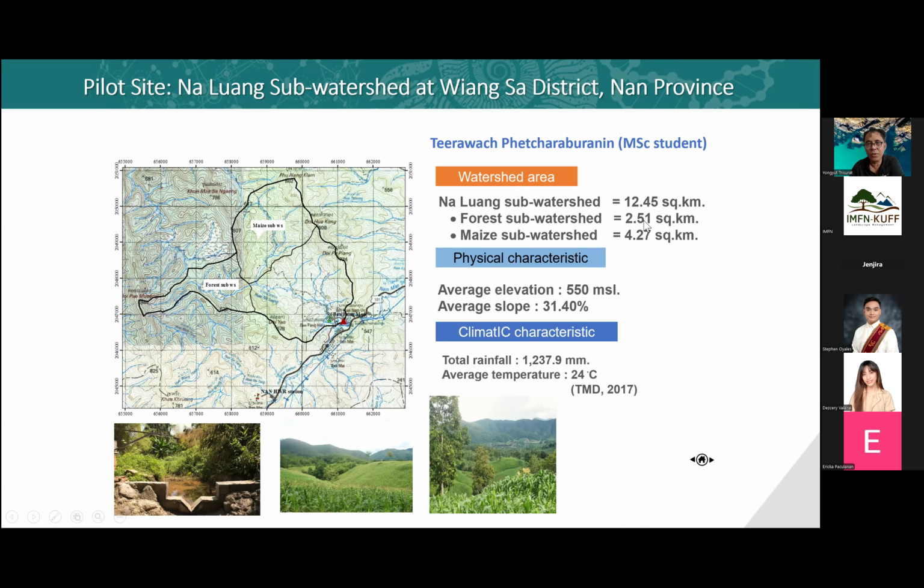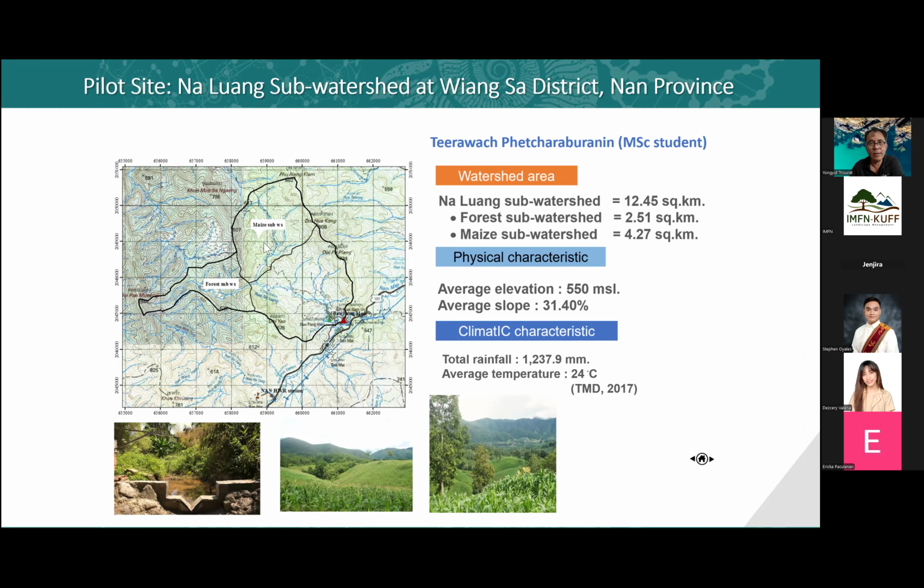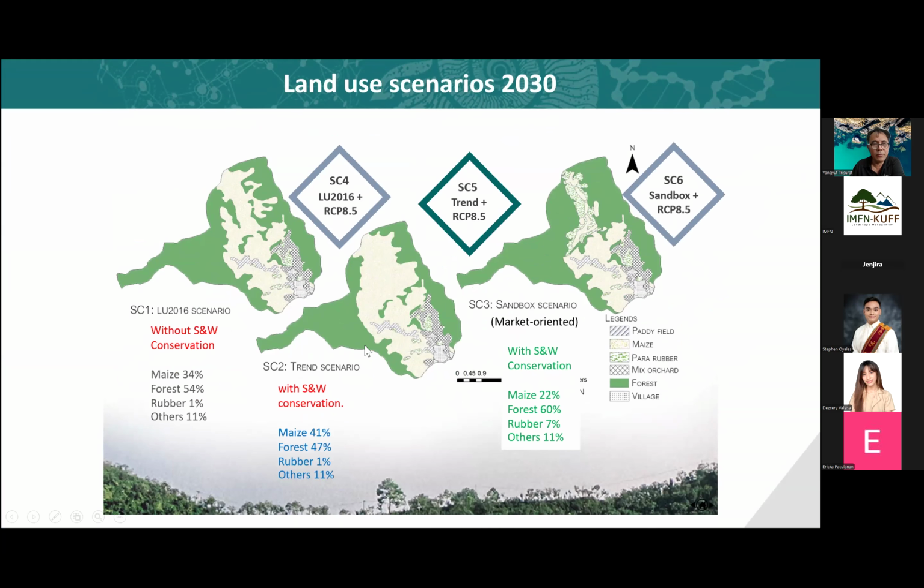The total area is less than 12 square kilometers. So we have the land use practice right now and in the future, with the trend scenario, the integrated scenario, and future climate change also incorporated. For example, existing land use right now is forest cover 54%, maize and corn 43%, rubber 1%.